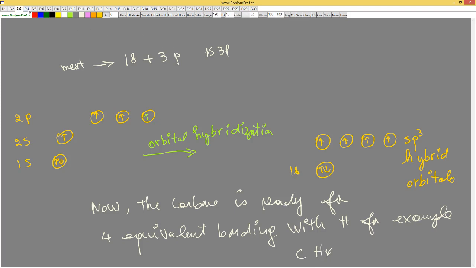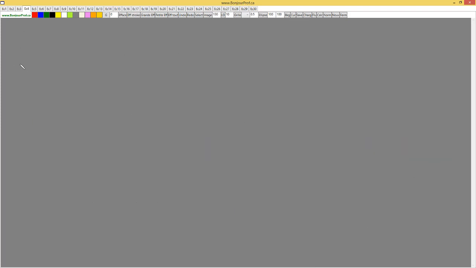We're going to take another example now. For example, hybridization in boron. Now I'm going to take another example. We saw the hybridization in carbon.